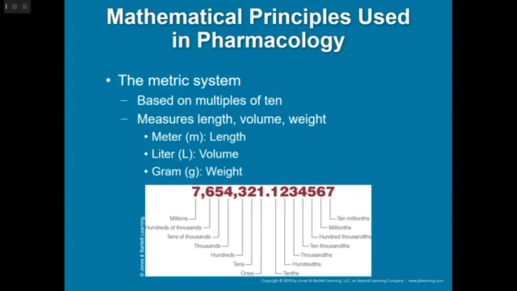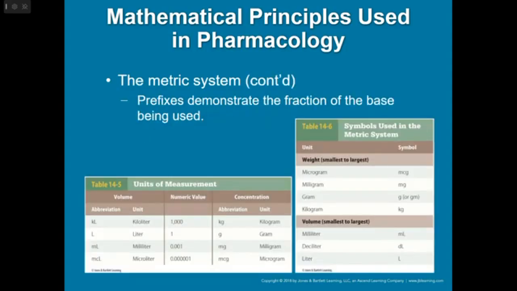Volume and weight, which is what we do most in EMS: volume will be liters, milliliters, deciliters, any of that. And weight is grams, micrograms, milligrams, kilograms. Grams, weight. Liters are volume. Meters are length.